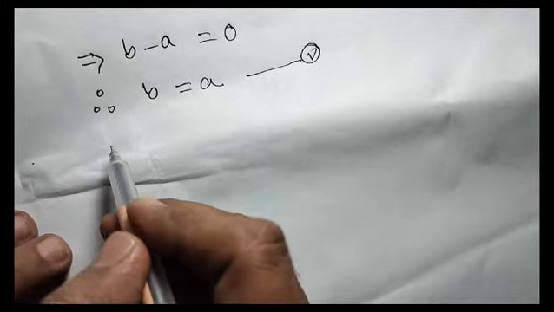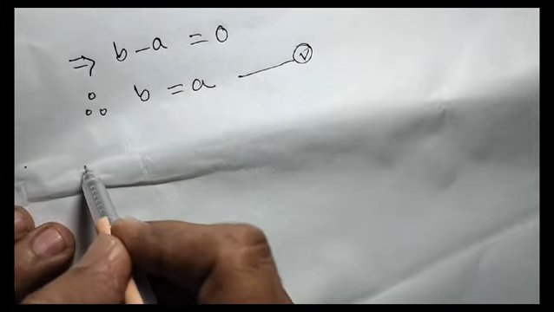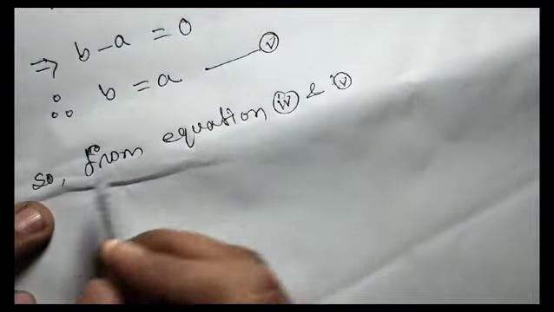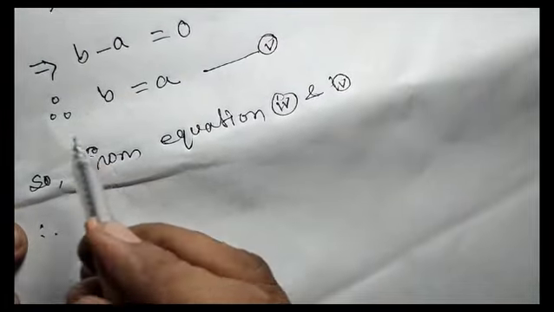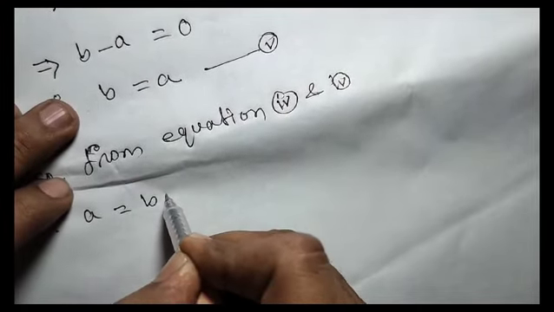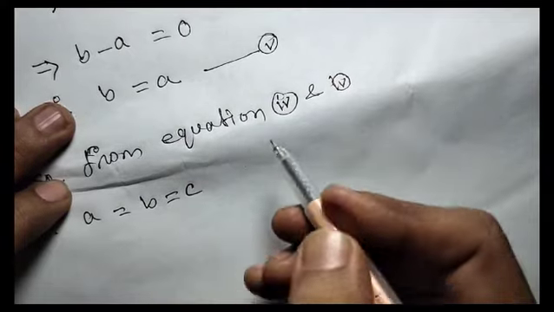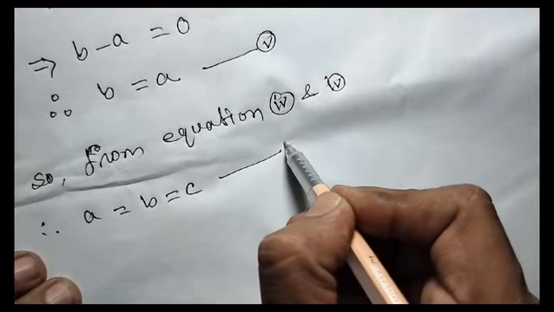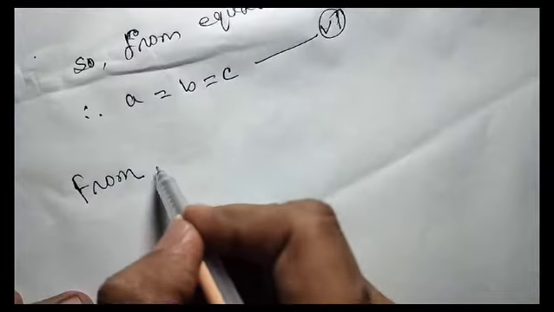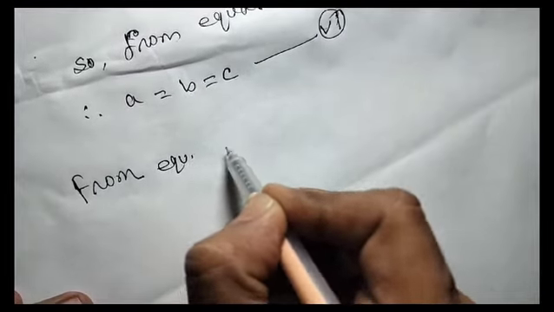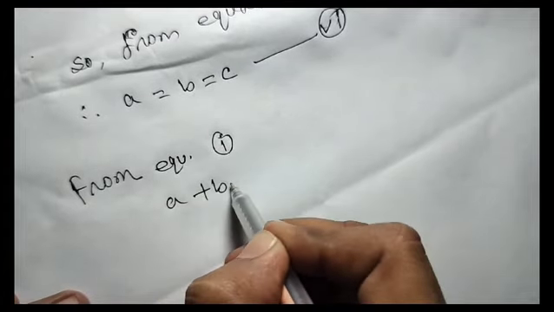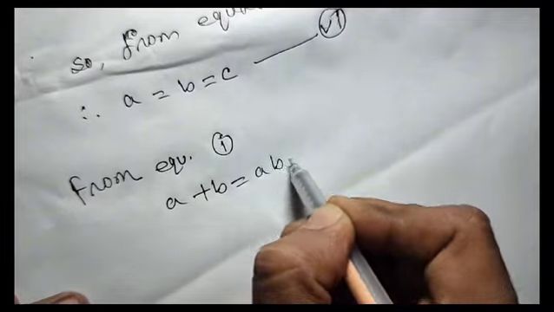Now from equations number 4 and 5, we can write a equals b equals c, and we can call this equation number 6. Now in equation number 1, a plus b equals abc.